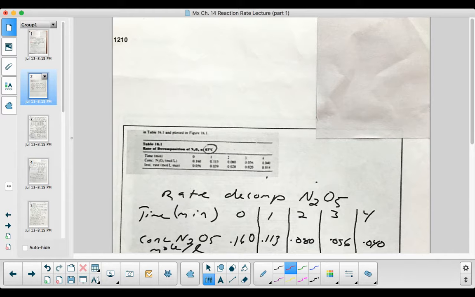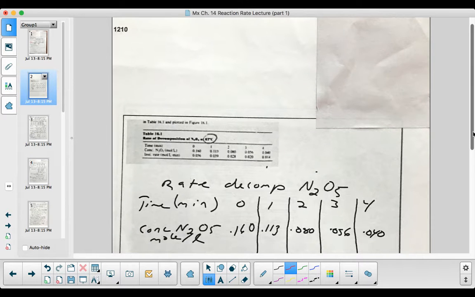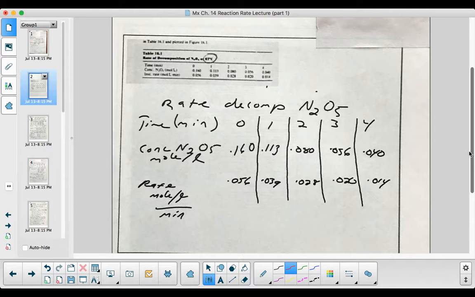Okay, so now here I just have this set of data, the data table above. You can't read it, so it's written out here. This is an example of what happens. As time progresses, you can see that the concentration of the N2O5 continually gets less and less. And as the concentration gets less and less, the rate gets slower and slower.